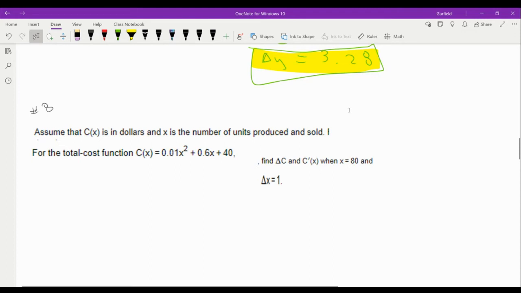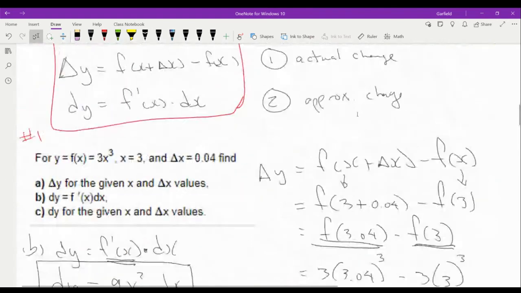How do you think we find delta C here? No. Remember, when we use the delta form, delta C, we're actually trying to find the original, the true change.